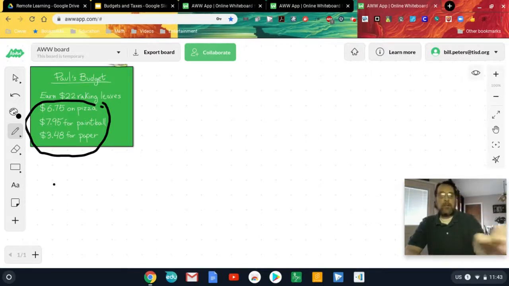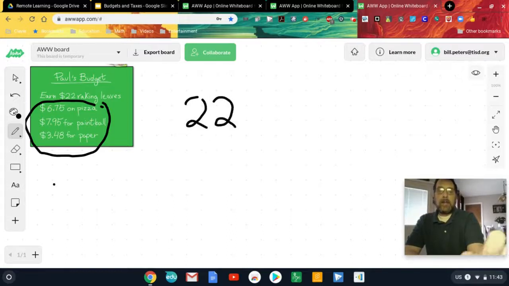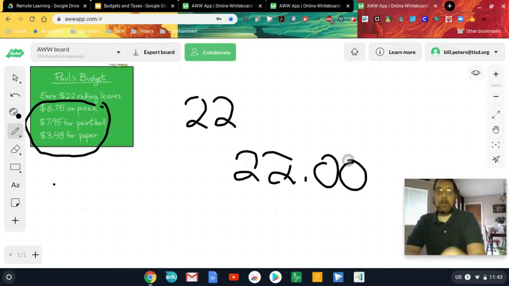So when you're doing problems like this on your activities, please make sure that you are going step by step. Take your time, line up your numbers. Make sure when you have a whole number, for example, 22, it has to be written as a dollar amount. So it has to be 22.00 because we're dealing with money.